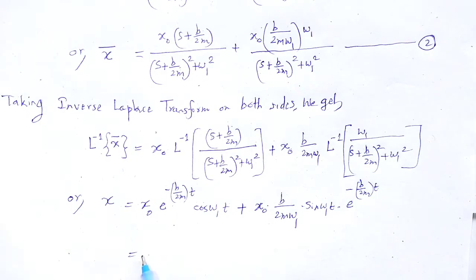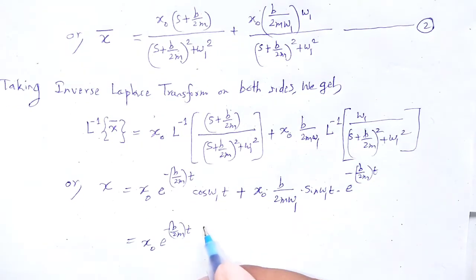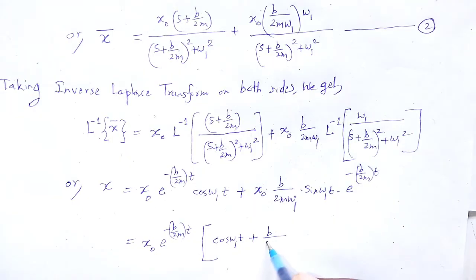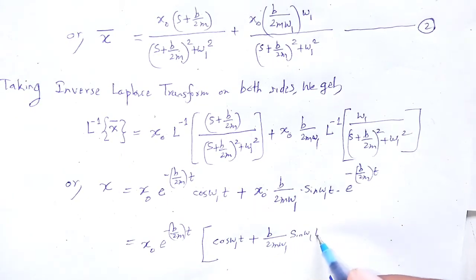Rearranging the terms as x naught e to the power minus b by 2m whole into t as common, in the bracket we have cos omega 1 t plus b by 2m omega 1 sin omega 1 t.